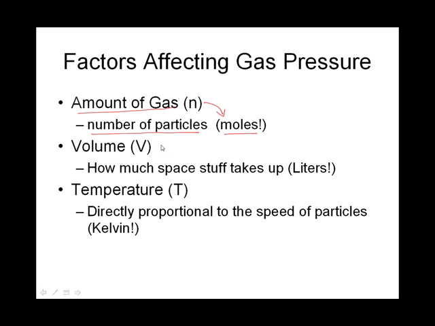Volume has a unit of liters, and in that we're just talking about how much space that gas takes up. And temperature is always going to be in Kelvin. Please, no Celsius. Please do not use Celsius. Do not use Celsius. And when I talk about temperature, I'm talking about the average speed of the gas particles.